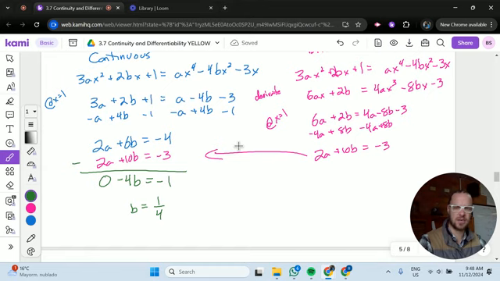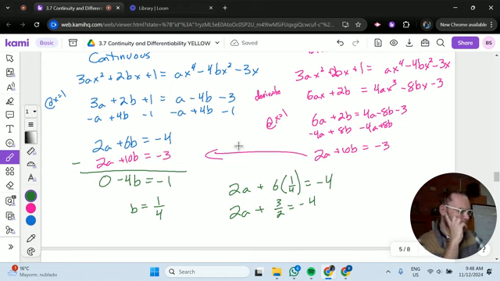So let's see, we'll use that blue one. It was easier. 2 times a plus 6 times 1/4 equals negative 4, which means 2a equals 3/2. Sorry, not equals. Should have been plus 3/2 equals negative 4.